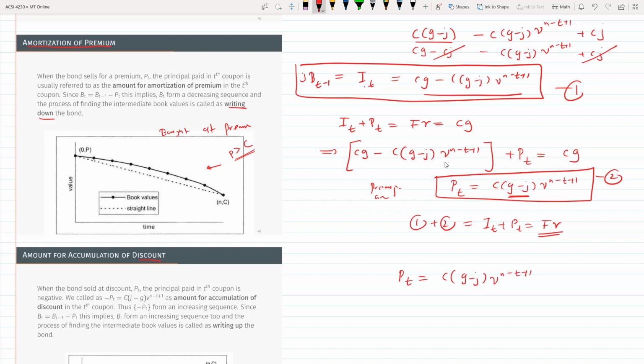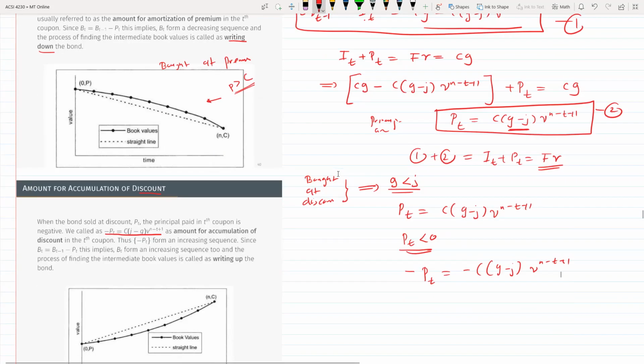Now, if you bought at a discount, that means G is less than J, so PT is negative. Because of that, we take the negative of it. So I will write negative PT, which is negative C times (G minus J), because we need positive values to talk about them.